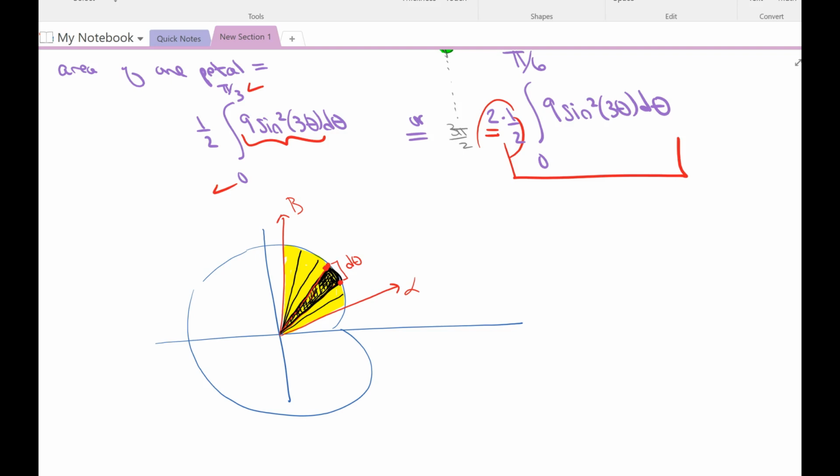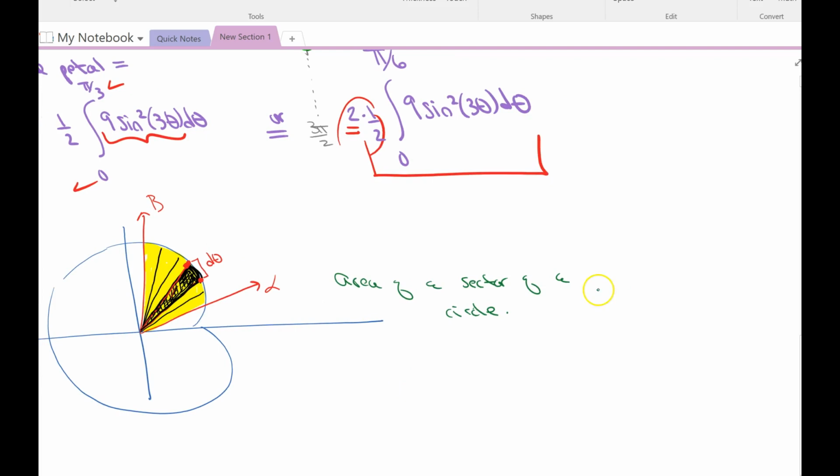So the area of a sector of a circle is given as the central angle, and just like we talked about over here, this central angle is a really, really small change in theta. The area of a sector is d theta all over 2 pi because it's a fraction of the area of a circle.